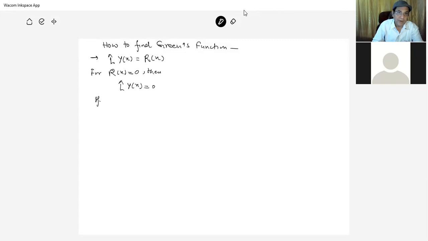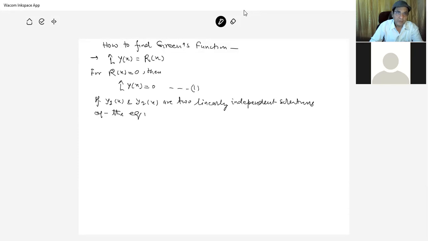If y1(x) and y2(x) are two linearly independent solutions of the equation, this equation 1, then y(x), that is the general solution, can be written as C1 y1(x) plus C2 y2(x).